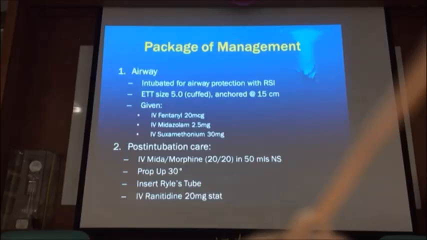The other package of management includes intubation care, which is sedation, and we also insert the Ryle's tube to decompress the stomach, because the stomach is a little bit distended on examination as well.